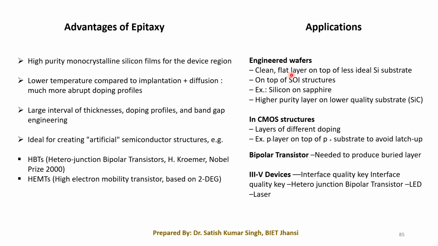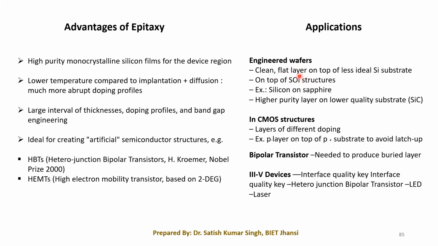So we can get a flat layer on top of a less ideal silicon substrate, a substrate which does not contain the properties that we want. Examples are the silicon on insulator structure and silicon on sapphire. So what is the SOI structure?